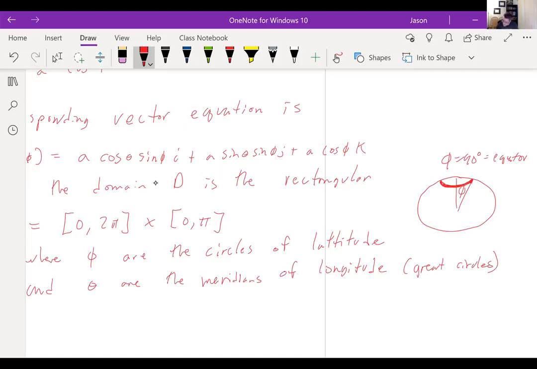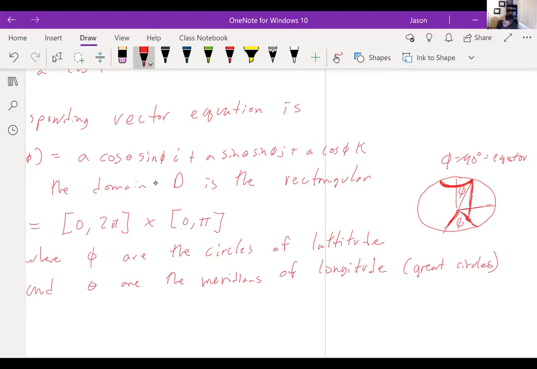Okay, whereas if we had a theta, say that this is my theta here. Okay, what does that tell me?